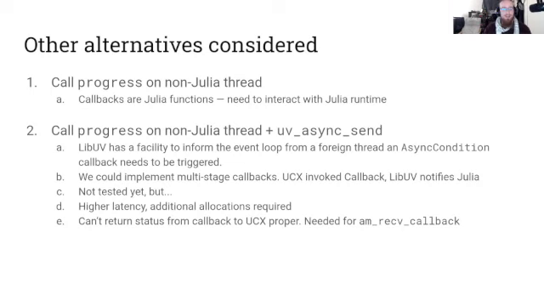I haven't implemented this song and dance, but the problem is we will definitely have higher latency. We will definitely have more allocations. And the other issue is that we basically could never return a status from the callback to UCX proper. And that, as an example, is needed in the active message receive callback.